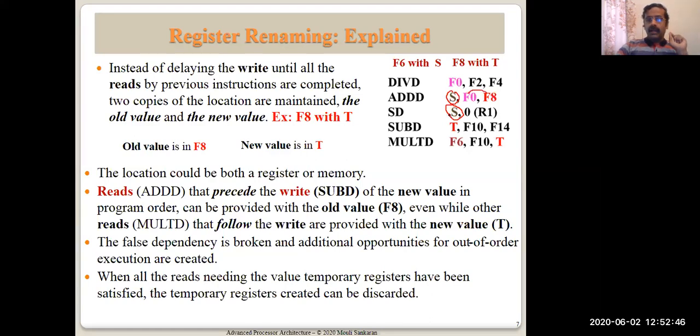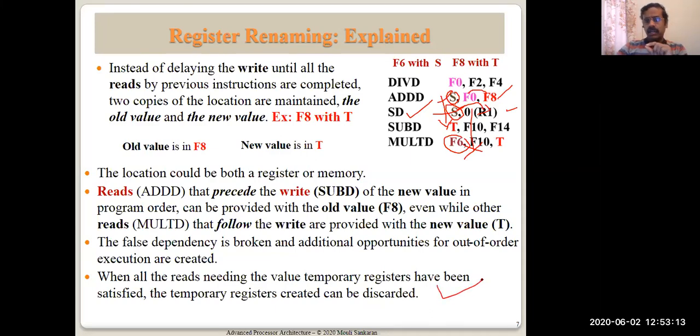Now, after the store instruction has read from S, do I need S to be preserved? No need. That's why I'm saying that I am replacing this with S, but I'm continuing with F6. I don't need to maintain S any longer after these two instructions are done. That is what I'm saying here. The temporary registers can be discarded.